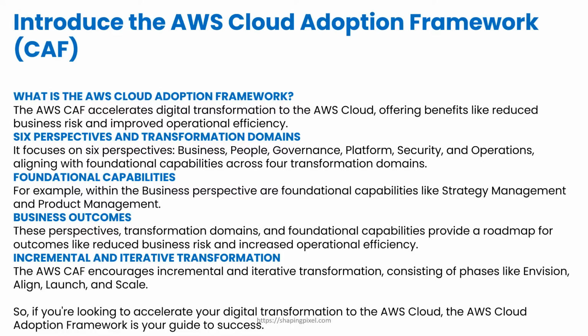So, for example, within the business perspective are foundational capabilities like strategy management and product management. These perspectives, transformation domains, and foundational capabilities provide a roadmap for outcomes like reduced business risk and increased operational efficiency.